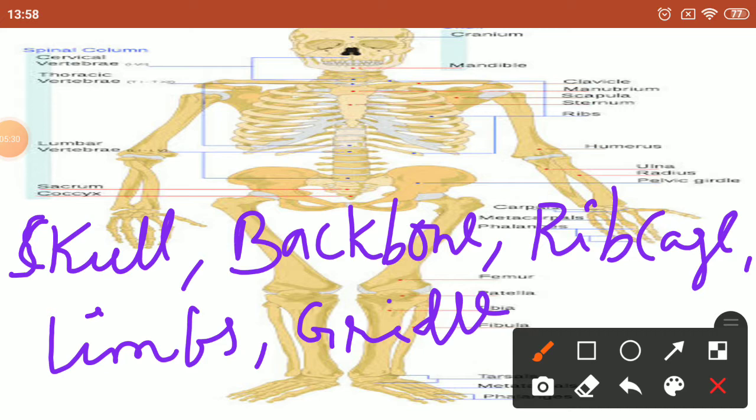These are the main parts present in our skeleton.